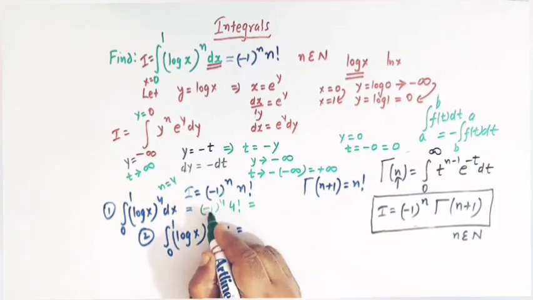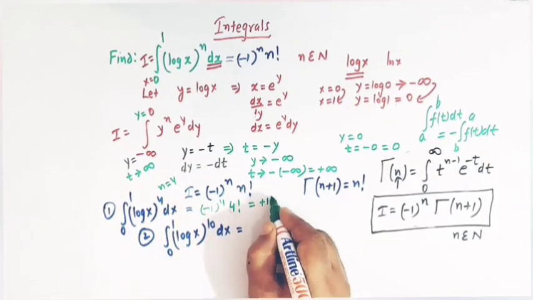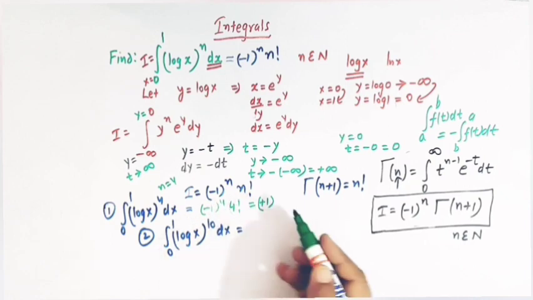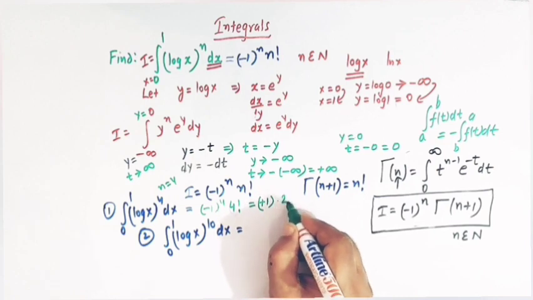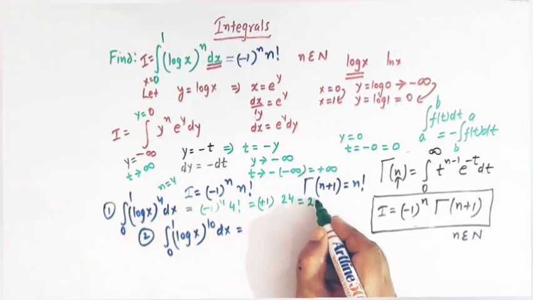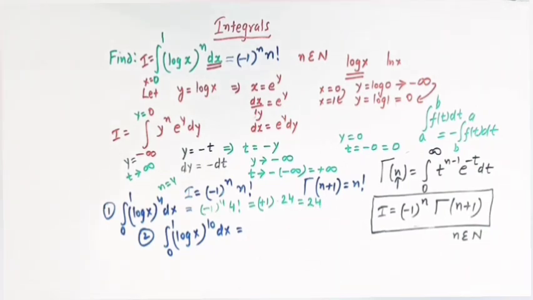Minus 1 raised to 4 is positive 1, because this is an even power, and 4 factorial is 24. So the value of this integral is equal to 24.